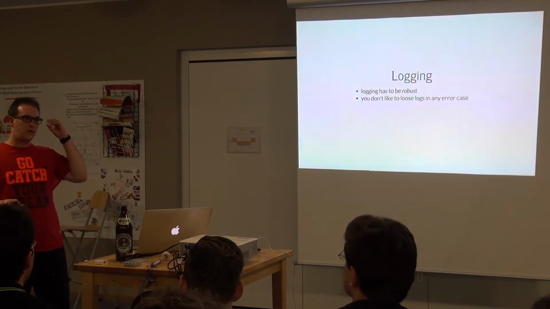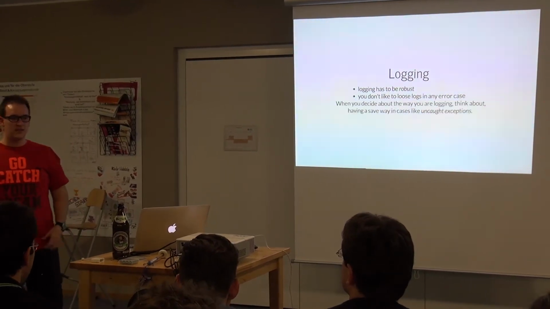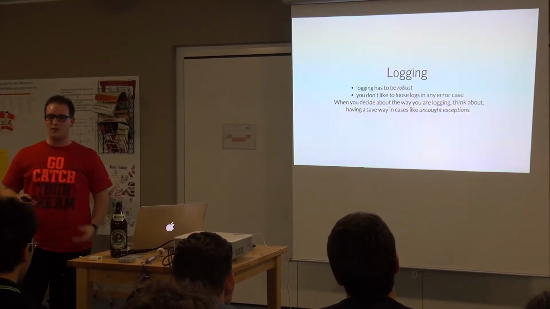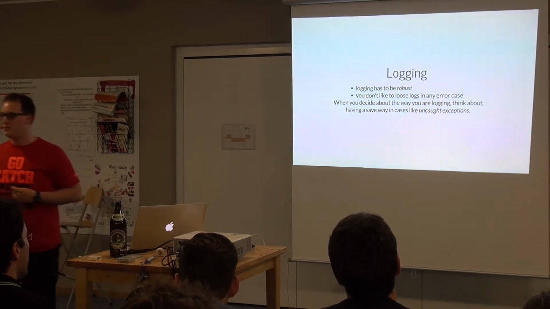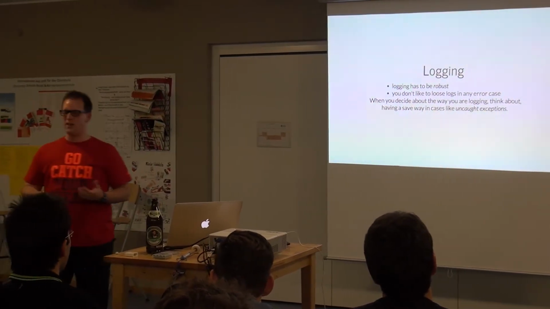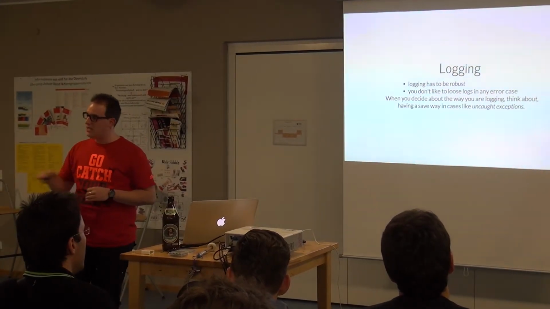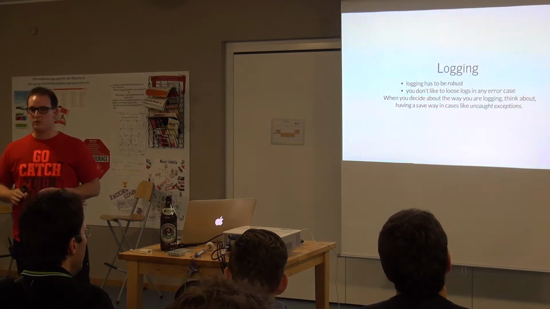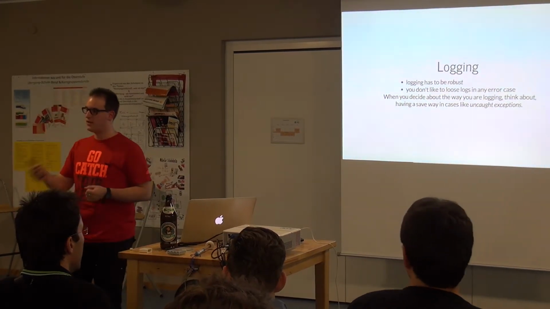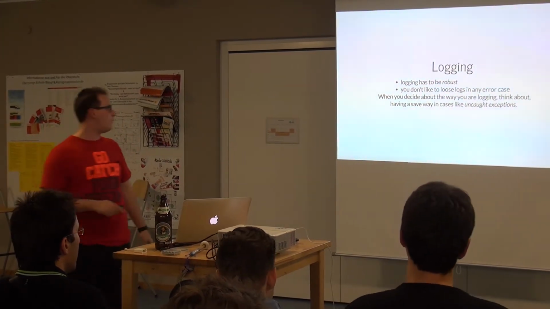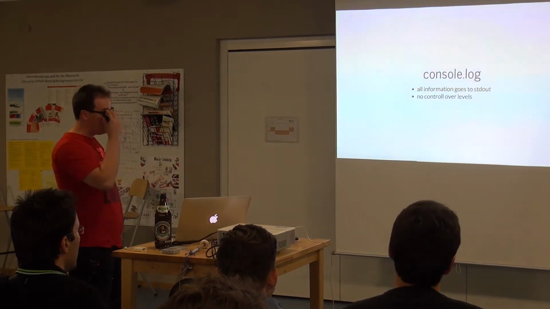If you think about unhandled exceptions, you like to have a way to log that too. So your logging shouldn't die with an unhandled exception. There should always be a fallback in your logging which outputs something somewhere, and you can catch it and show what went wrong.